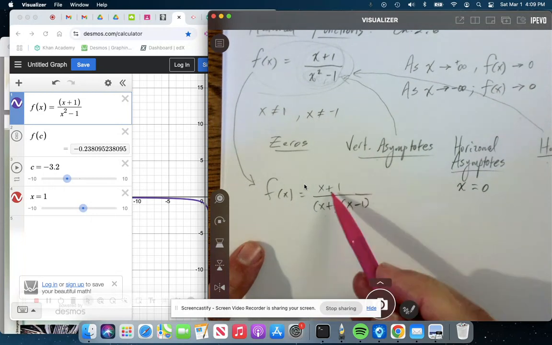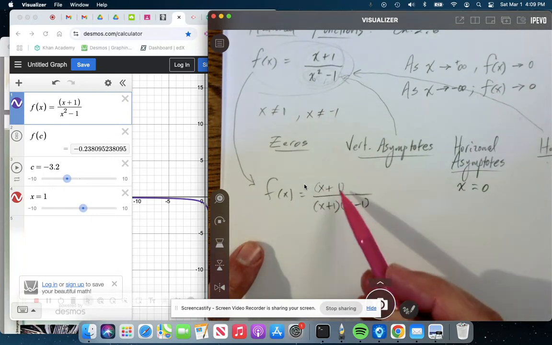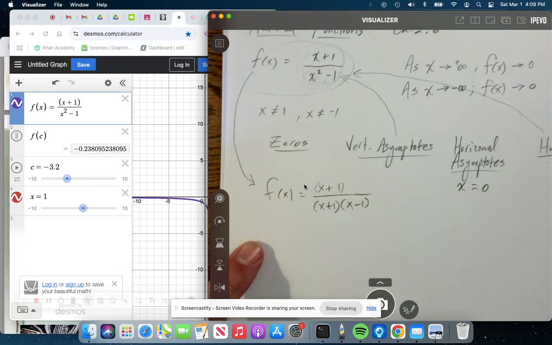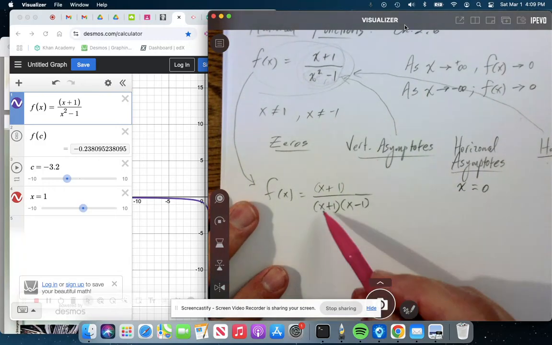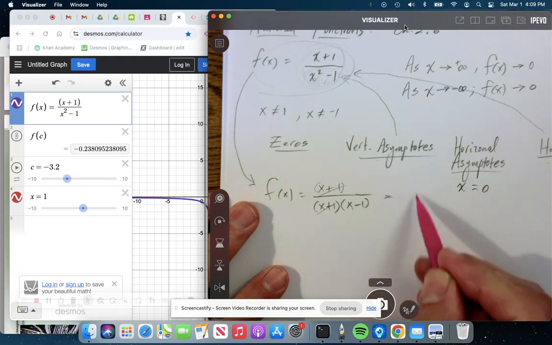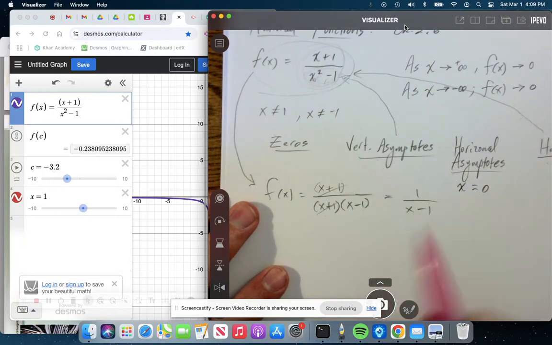And if you notice, you have x plus 1 in the numerator and x plus 1 in the denominator. It's okay to cancel those, and if I do cancel them, I end up with 1 over x minus 1.